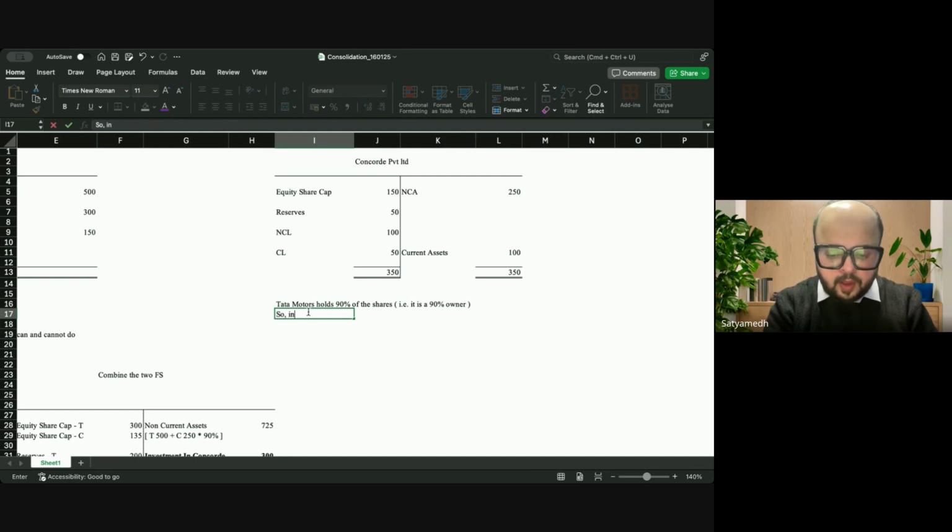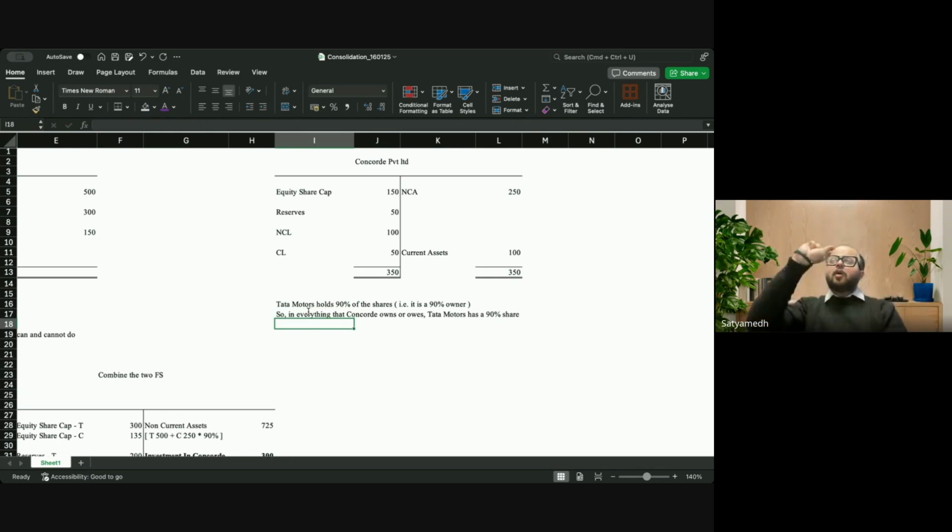So in everything that Concord owns, that is assets, or owes, Tata Motors has a 90% share. And 90% share of what? Everything that the other company owns.